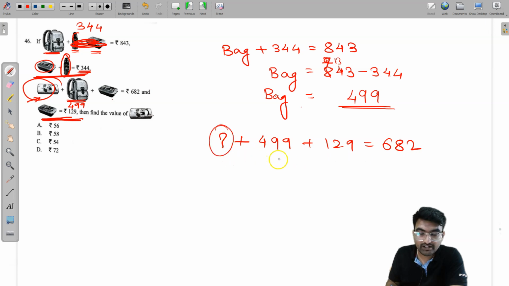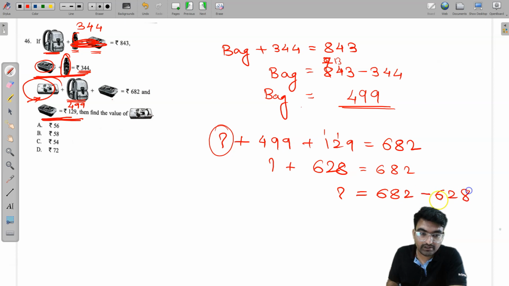Now 682 minus 628, right? After subtracting, this will become 12, 12 minus 8 will be 4, this will be 7, 7 minus 2 will be 5, 0, 54. So the value of this box is 54 rupees, and that is option number C, correct?